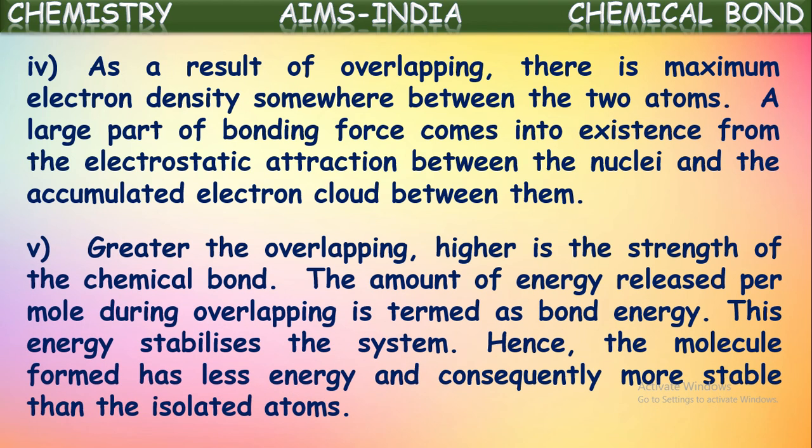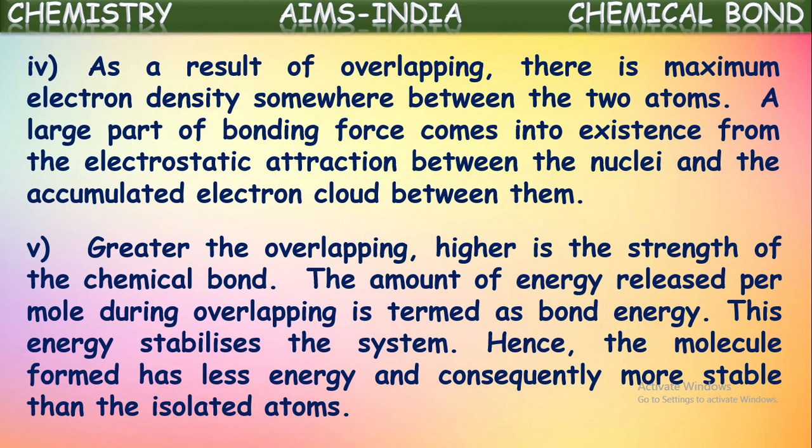Greater the overlapping, higher is the strength of the chemical bond formed between them. So if the atomic orbitals overlap to a greater extent, then the covalent bond formed will be a stronger bond. The amount of energy released per mole during overlapping is termed as bond energy.